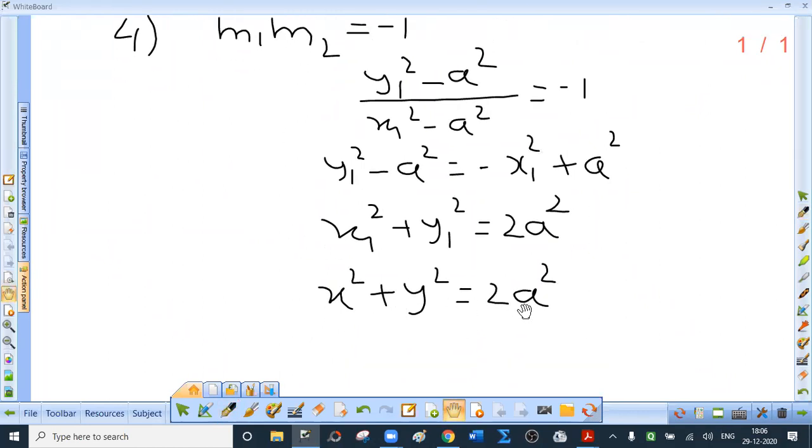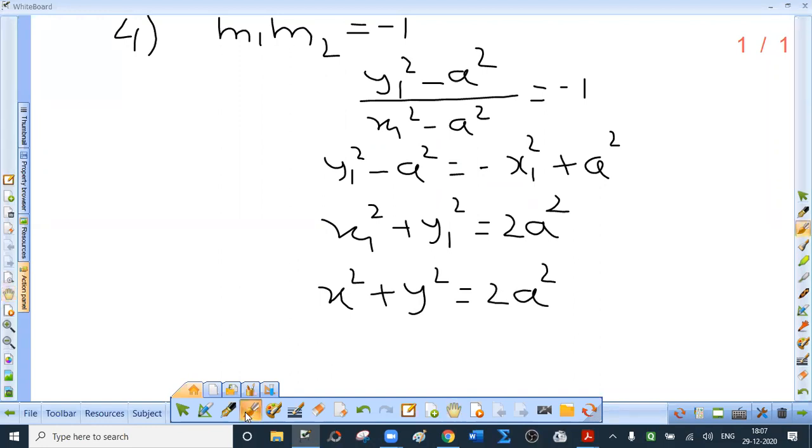Note that this is a circle. Many students think, oh, how can this be a circle? It is not a square, it is 2a square. See, a square means positive real number. 2a square is definitely in that case positive real number if a not equal to 0. So this does represent a circle whose radius is not a, it is root 2 into a.